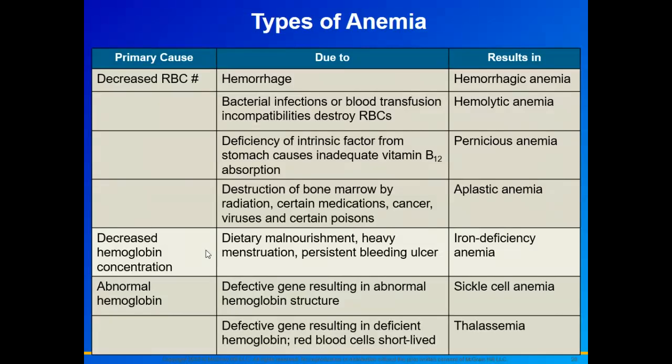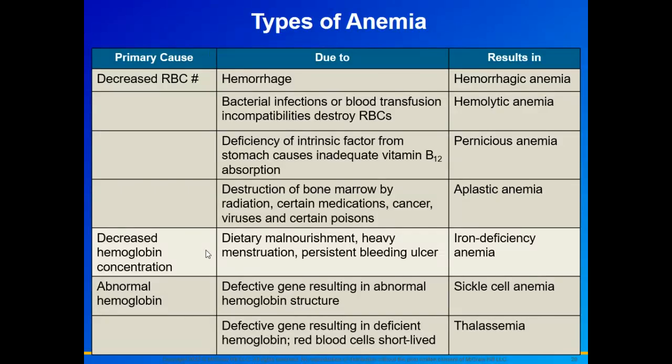Just in general, decreased red blood cell concentration could be due to bacterial, viral infections. If somebody has an improper blood transfusion, there's going to be coagulation there. There's going to be a lot of RBCs that are destroyed. Also, deficiency of one of the factors involved in creating red blood cells. We'll get into more of the intrinsic factor when we do digestive system.